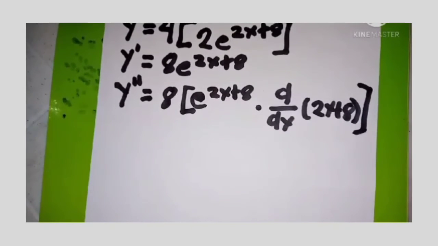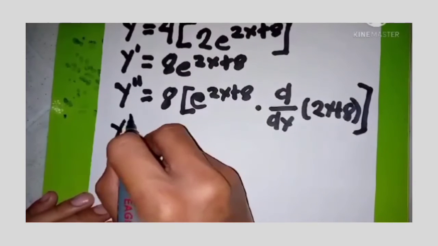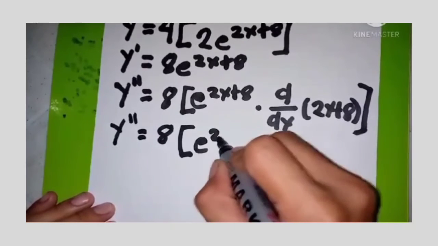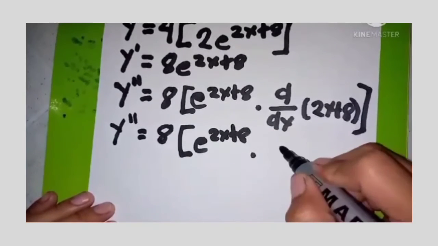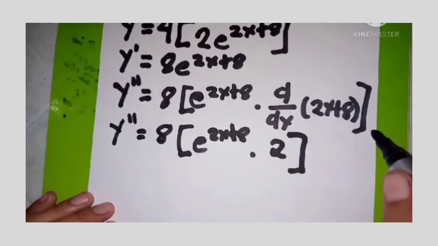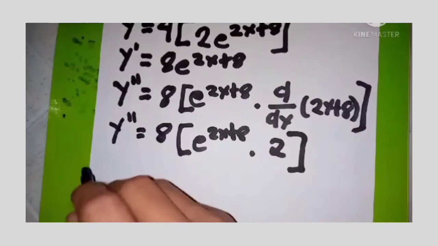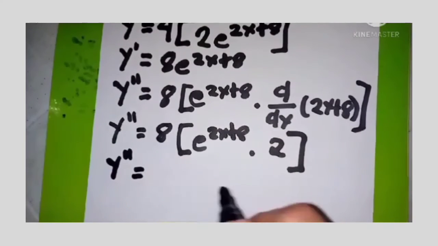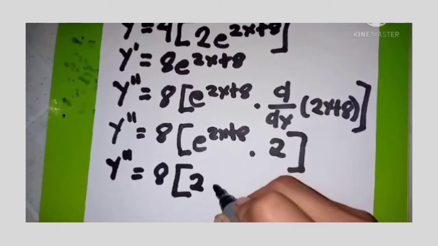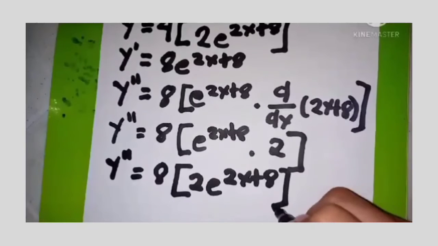Then next, same as the first, we need to times this, so it will become 8, copy e raised to the power of 2x plus 8, times 2, since the derivative of 2x is 2 and the derivative of 8 is 0. Then we need to times these, so it will become 8 quantity of 2 e raised to the power of 2x plus 8.